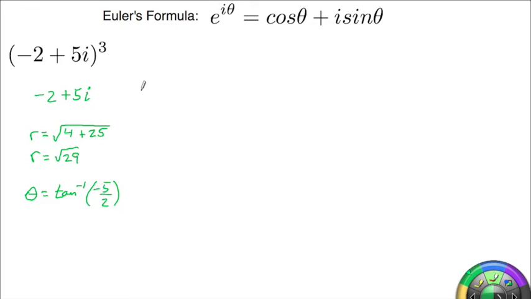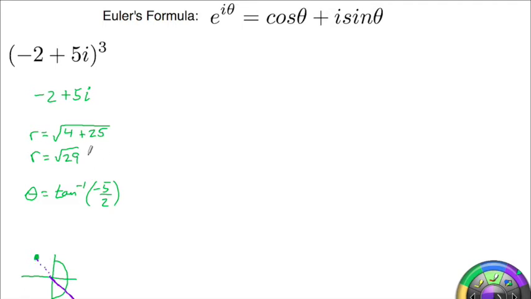All right, now the last thing I really should concentrate on is where is this angle located? So negative 2, positive 5 would be a complex number in the second quadrant, and tan inverse only works in the first and the fourth. So I have my two choices again, and I'm going to choose the second choice this time. I'm going to stick with the angle that's going to be spit out, and choose my radius to be negative to end up at the right point.